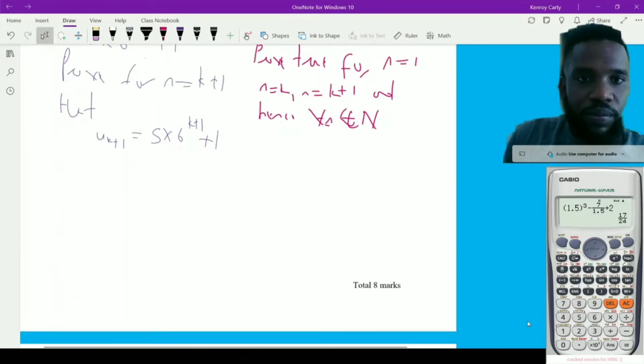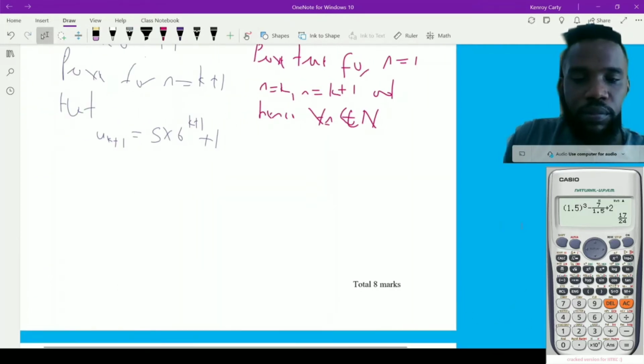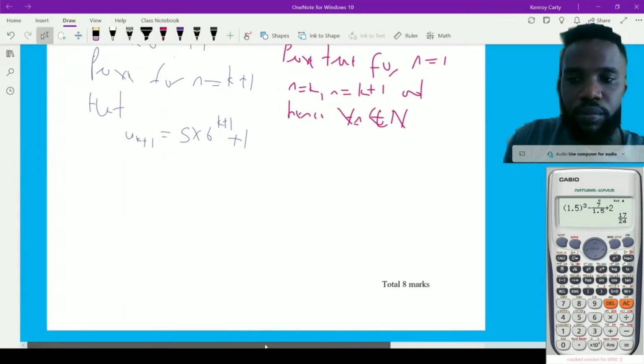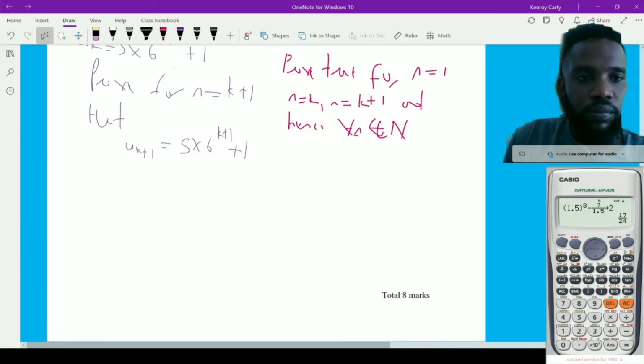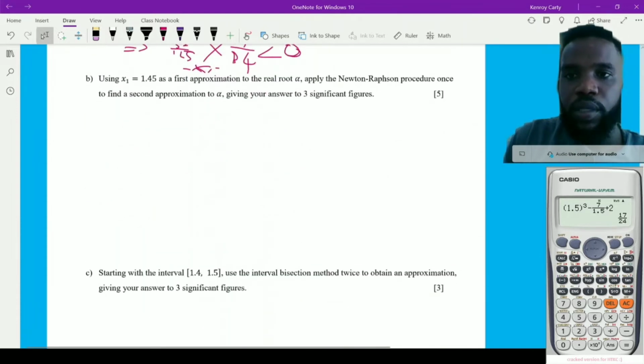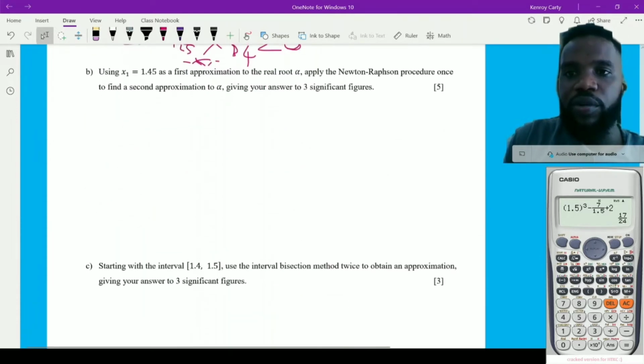Okay, let's take this down some more now. It says use x1 equal 1.4 as the first approximation to the root. Apply the Newton-Raphson procedure once to find the approximate value of alpha to 3 significant figures. Alright, let's talk about Newton-Raphson.